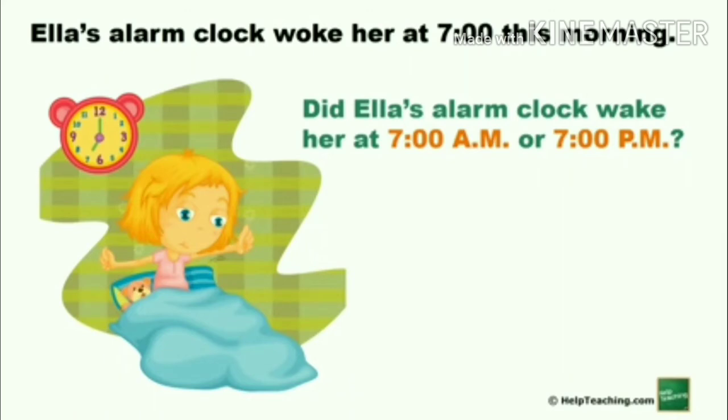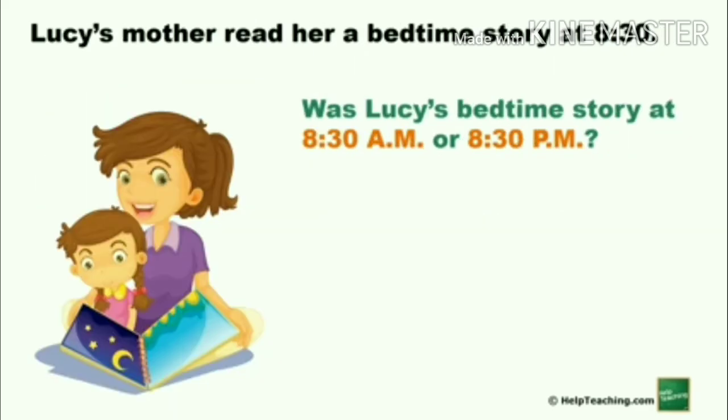Let us discuss a few examples of AM and PM. This question I gave you in the beginning of the session. Now let us answer this question. Did Ila's alarm clock wake her at 7 a.m. or 7 p.m.? Yes, 7 a.m. Lucy's mother read her a bedtime story at 8:30.